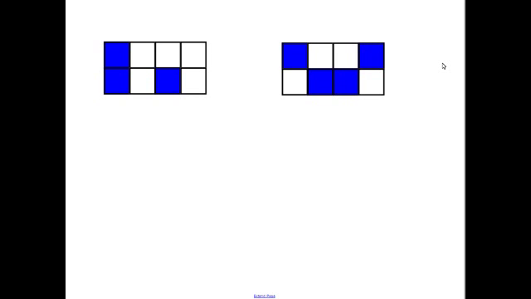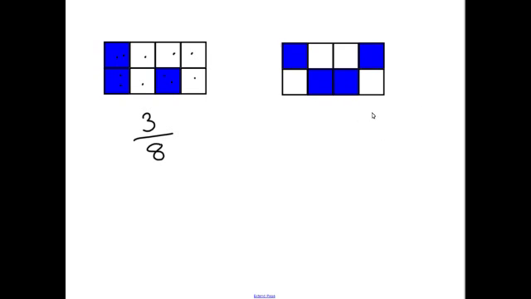If we asked what fraction of this rectangle is blue, we count up how many parts it's been split into, in this case 8, and how many parts of those are blue? 1, 2, 3. So 3/8 of this whole rectangle are blue.